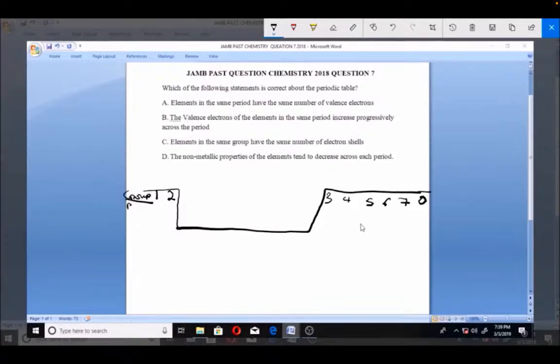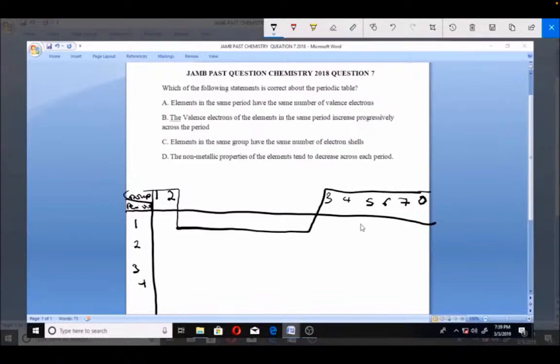Now we have what we call the period. You actually have periods 1, 2, 3, 4, 5, 6, 7. So you have 8 groups and 7 periods. So that is what we have as the periodic table.